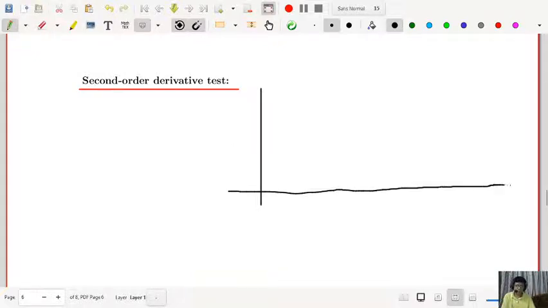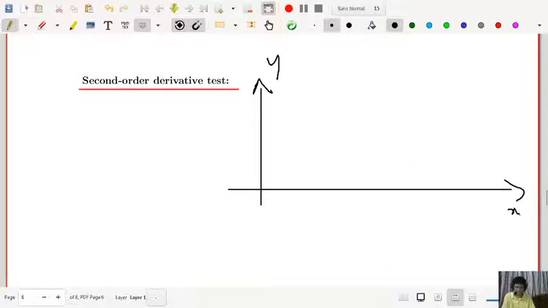So this is the diagram, this is the x-axis and y-axis, and this is the graph of a function. Let me draw the tangents here. The blue lines are the tangents at those points in the neighborhood, and I also take some points here and draw the tangents.